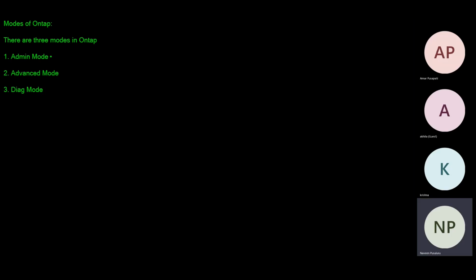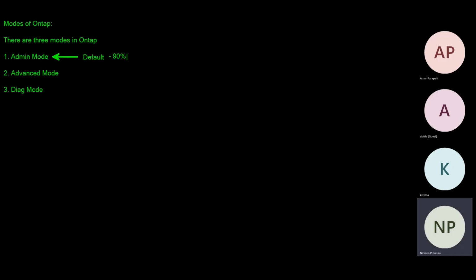So again, admin is the default mode. Whenever you log into the cluster, you'll be in admin mode. From admin mode, we'll be able to perform 90% of our work. 90% of the commands can be done from admin mode only.